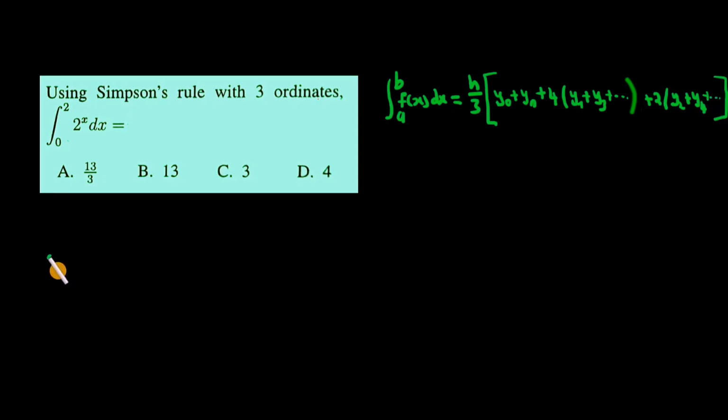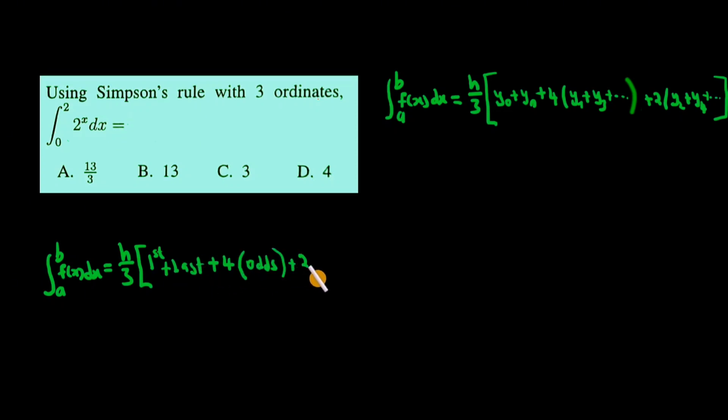This formula can be summarized as the integral from a to b of f(x) dx equals h on 3 into first plus last plus 4 odds plus 2 evens. So this formula and this one are the same thing.